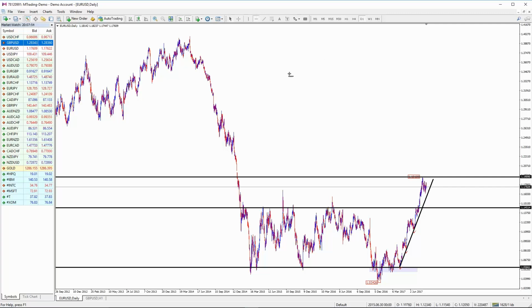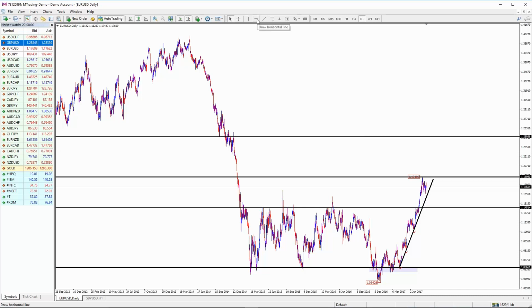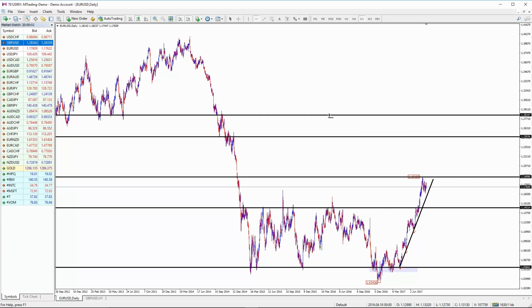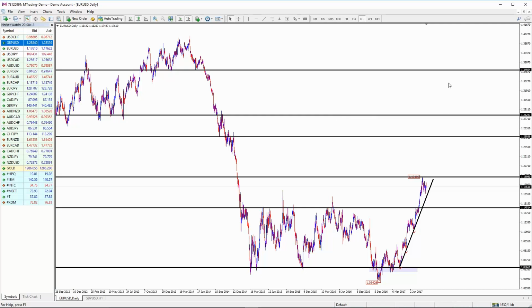If I take that as one level, this key point there, and then in this zone here, and in this zone here, I've set multiple targets.